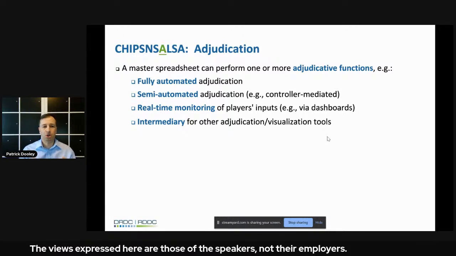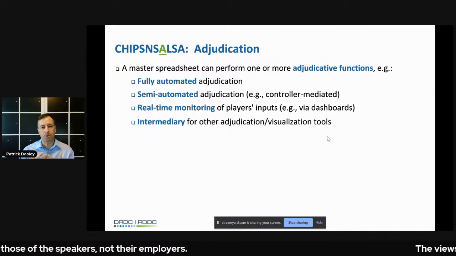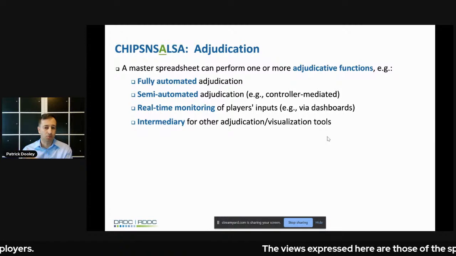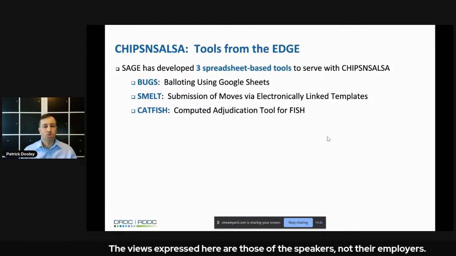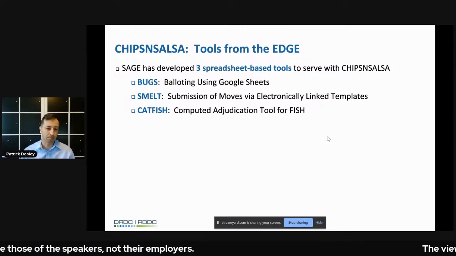These master spreadsheets also allow real-time monitoring of players, or a master spreadsheet can act as an intermediary where it collects inputs from players and then passes that data to other tools, either to adjudicate them or to visualize them. So I'll show you quickly 3 spreadsheet-based tools with which we implement Chips and Salsa, namely Bugs, Smelt, and Catfish.